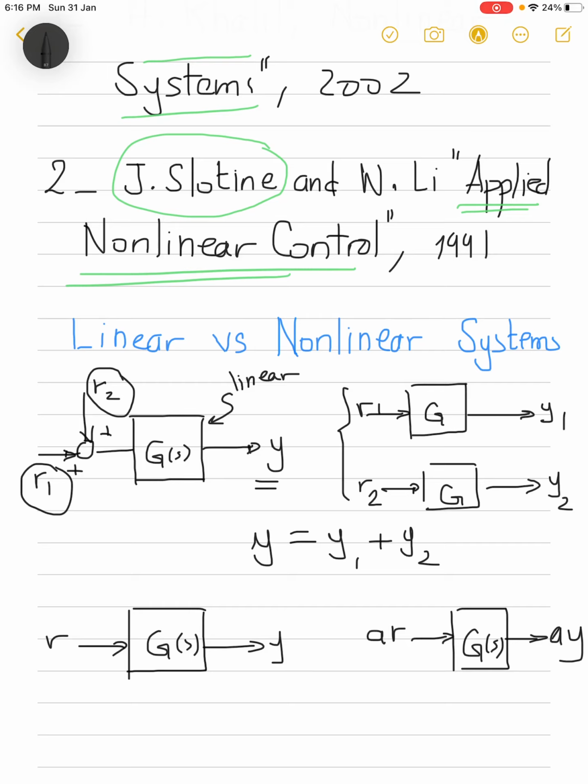Now if we take each input separately and apply it to the same system, so take R1 and apply it to G, you get say Y1, and take R2, apply it to G, we get Y2. If we find that the summation of Y1 and Y2, which is the output obtained by each input separately, is equal to the total output that would be obtained if we apply both inputs to the system, we say that this system is additive.